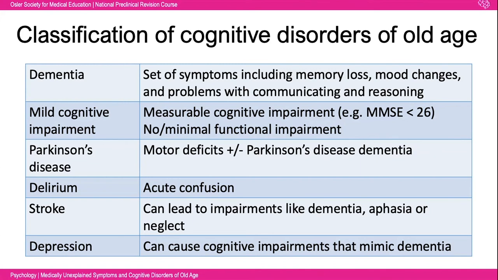But first, which of the following causes of dementia is most likely to be associated with visual disturbances and motor impairments?